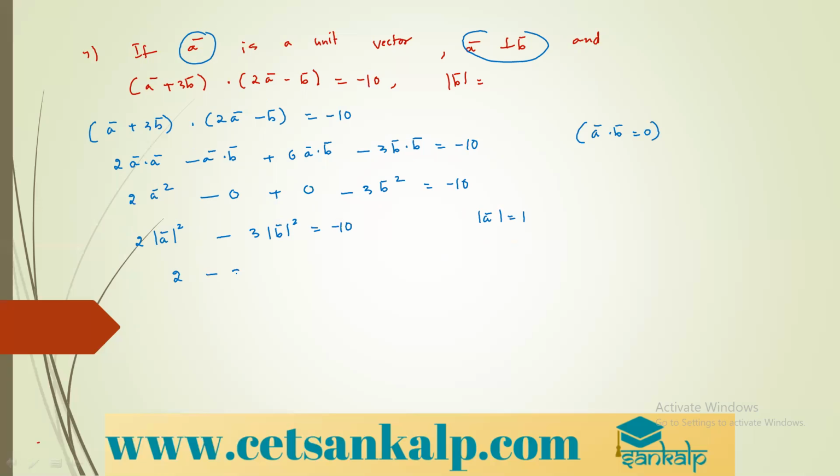So 2 minus 3 into magnitude of B square equal to −10. Minus 3 into magnitude of B square is −12, or magnitude of B square is 4. That means magnitude of vector B is 2. That's it.